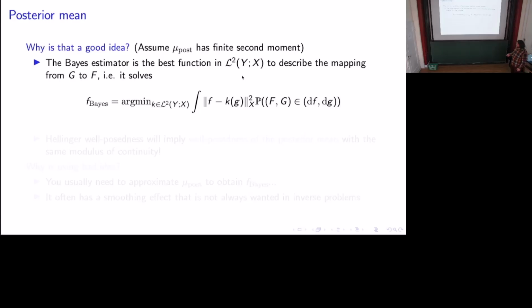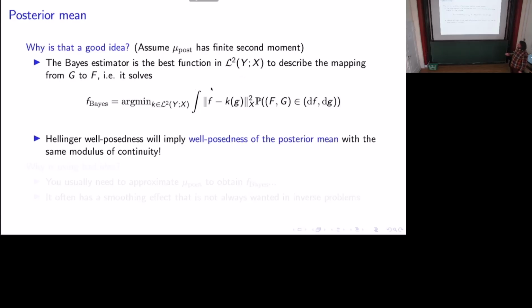Yeah, of course. What is also nice is if you have Hellinger ill-posedness, so the weird square root of densities L2 distance, we know that the Bayes estimator is also well posed, in the sense that it's also stable, and actually with the same modulus of continuity. You could ask, why do we use Hellinger distance?